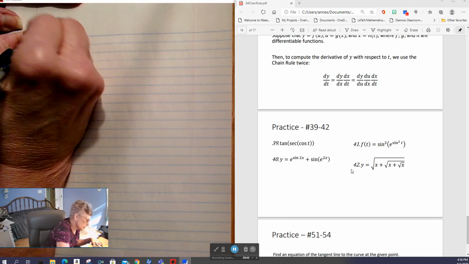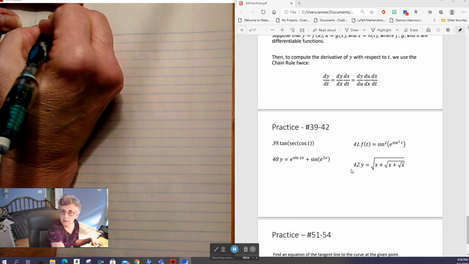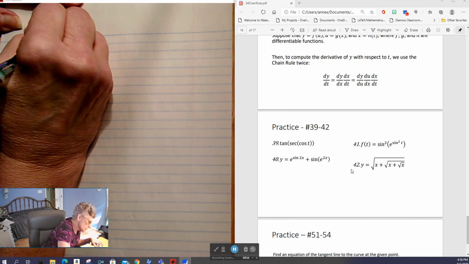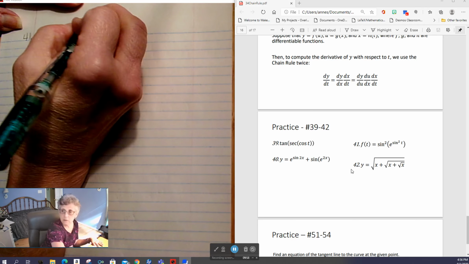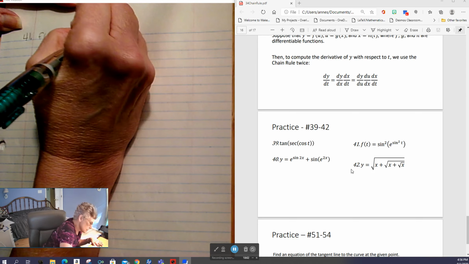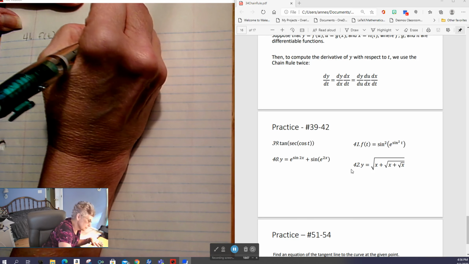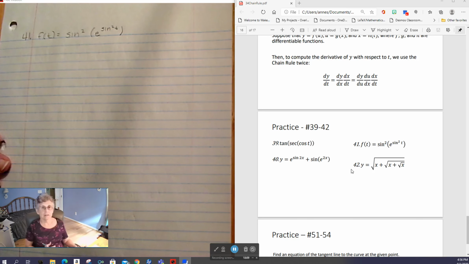Number 41, we have f of t is equal to sine squared e to the sine squared of t. That is one ugly looking function.